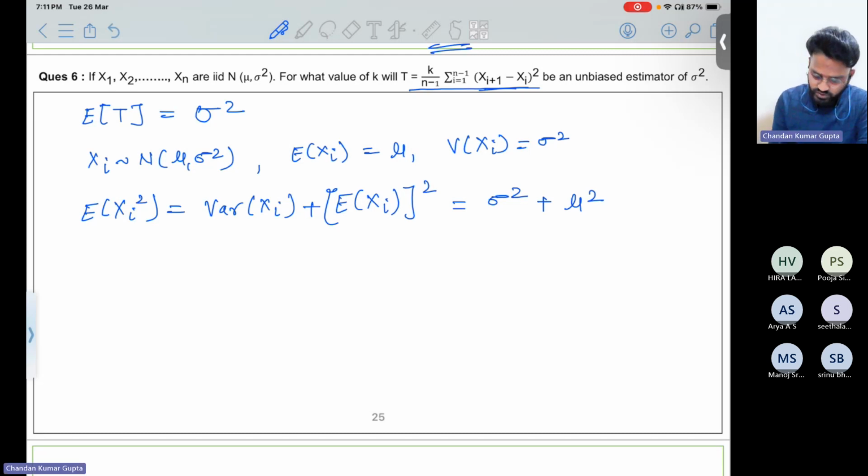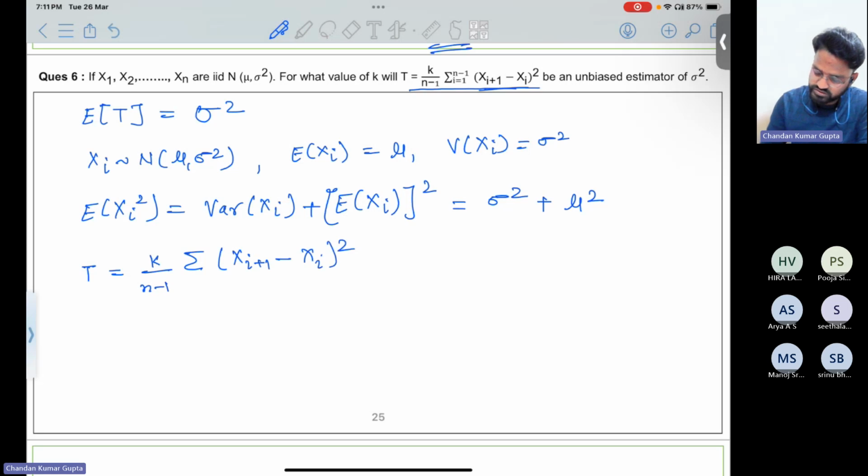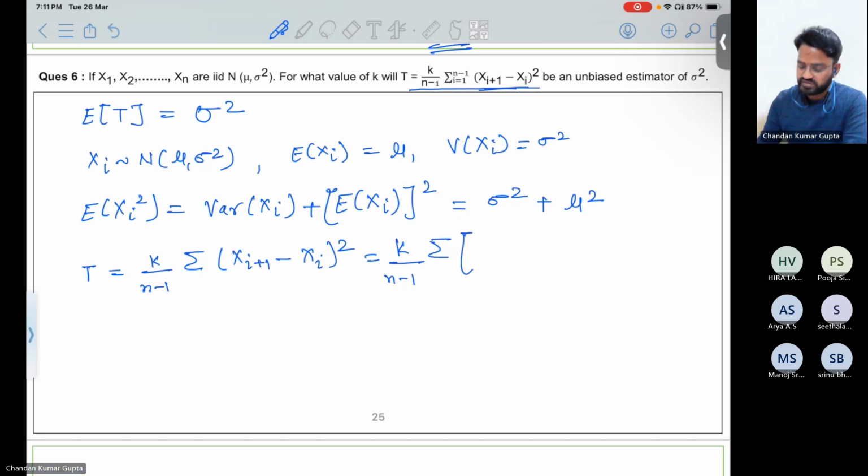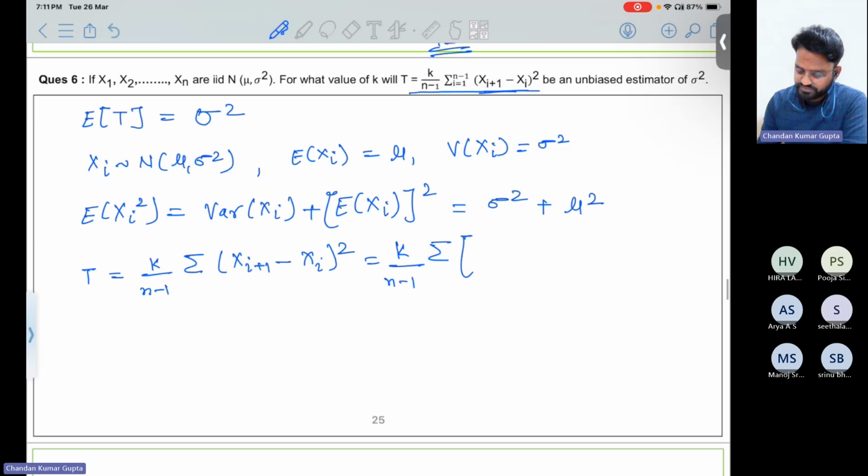Now T equal to k upon n minus 1 summation of xi plus 1 minus xi whole square, which is equal to k upon n minus 1 times a minus b whole square term.